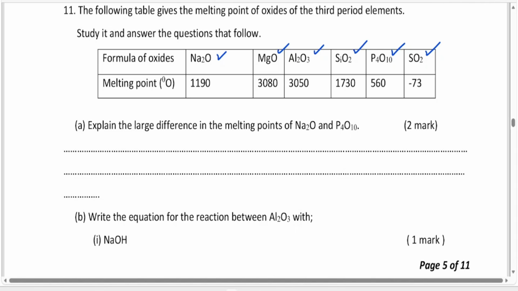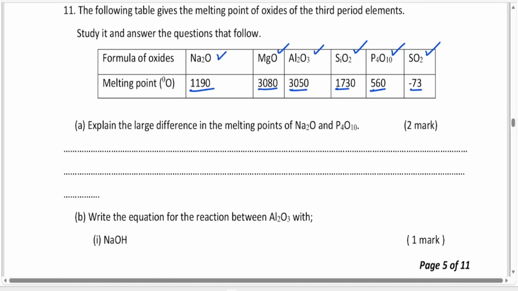We have the melting point of sodium oxide being 1190 degrees Celsius, magnesium oxide being 3080, aluminium oxide being 3050, silicon oxide being 1730, phosphorus oxide being 560, and sulfur oxide being negative 73.